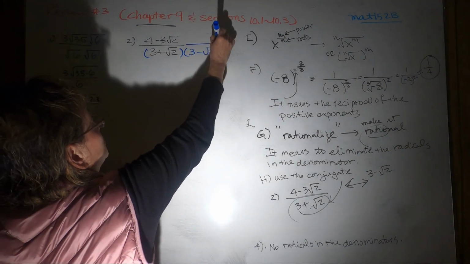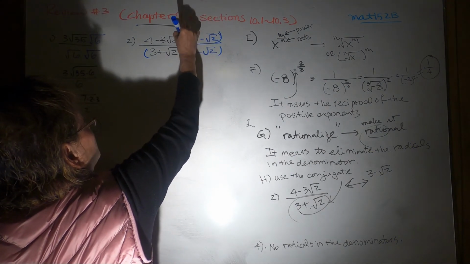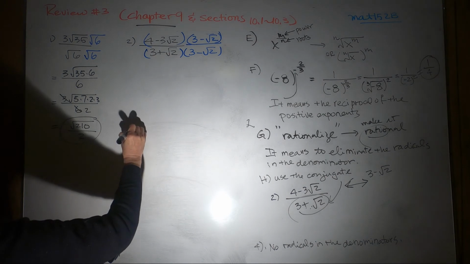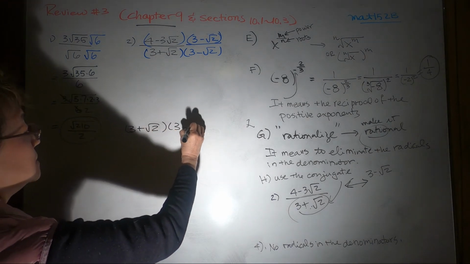Then if you multiply on the bottom, you have to multiply on the top, right? Then see if we actually eliminate the radicals in the denominator, right? So we check.